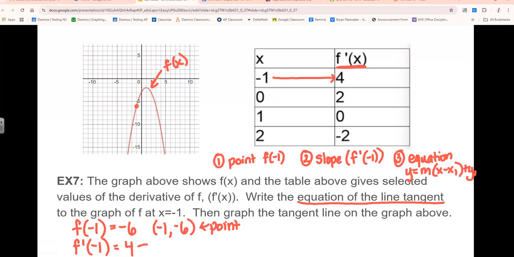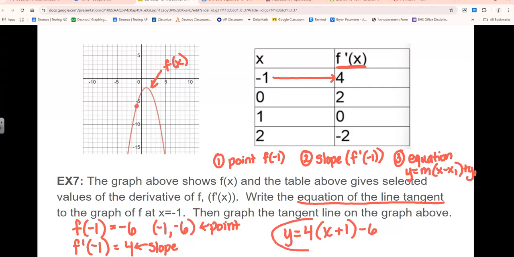So 4 is our slope. For our answer, we just write the equation of the tangent line: y equals 4 times x plus 1 minus 6. If you want to do x minus -1, that's fine too. I just switch it in my head. This is your answer.